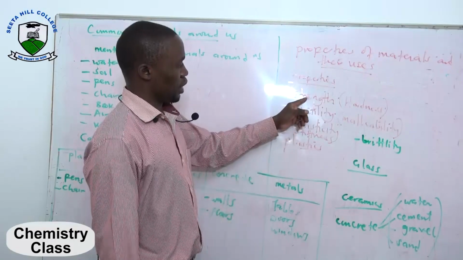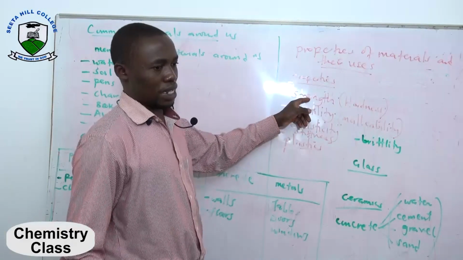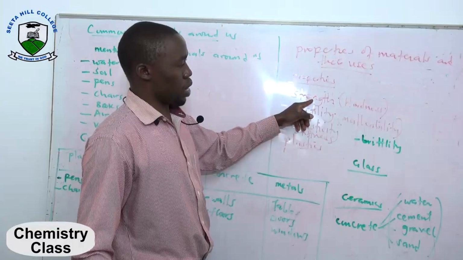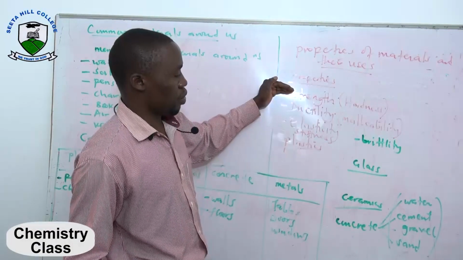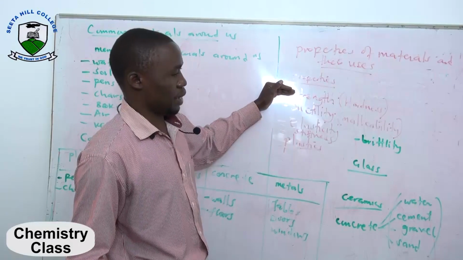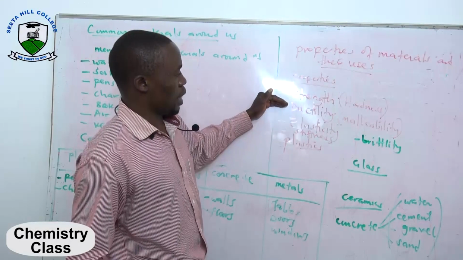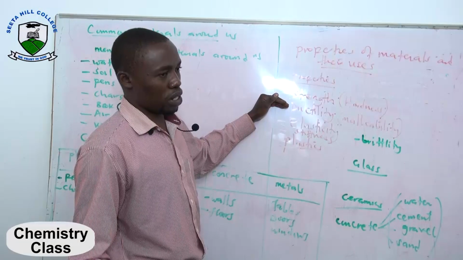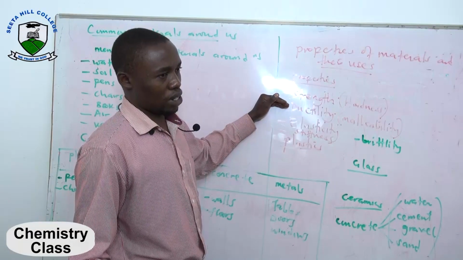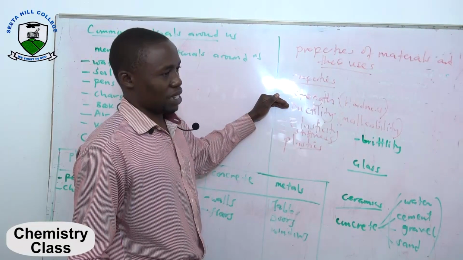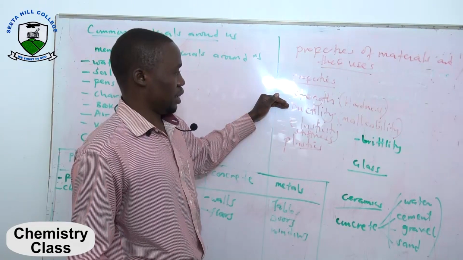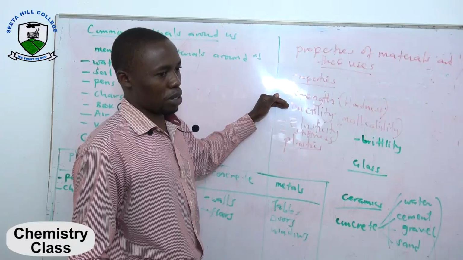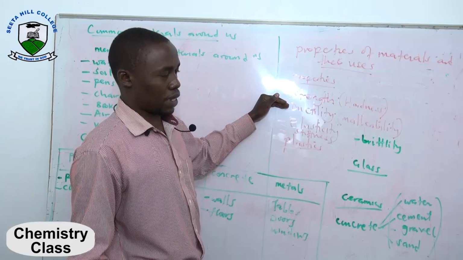Strength is to resist bending or to resist breaking when a force has been applied to a material. Resisting breaking. Clear? Ductility is the ability to be drawn or shaped into wires, and it's only metals which can be made into wires.